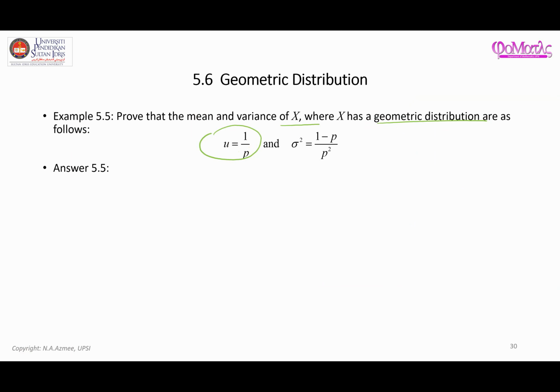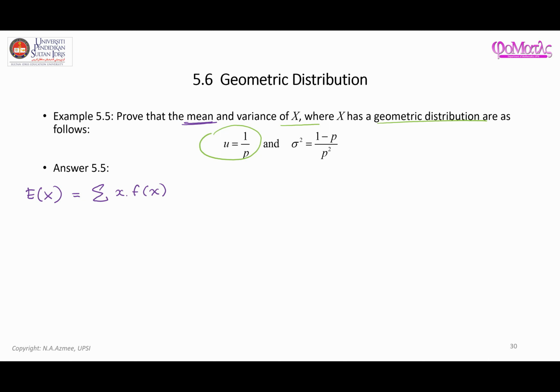We're going to start our discussion with the usual starting point, which is to find the expected value of x. When you talk about the mean, you're talking about the expected value of that random variable, and we have already seen that this can be obtained by the summation of x times f(x).